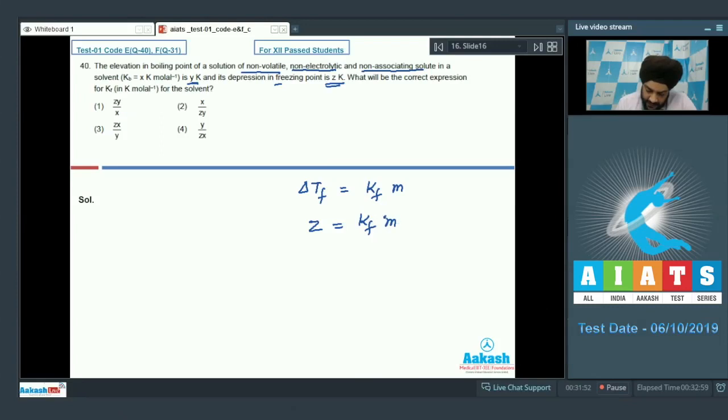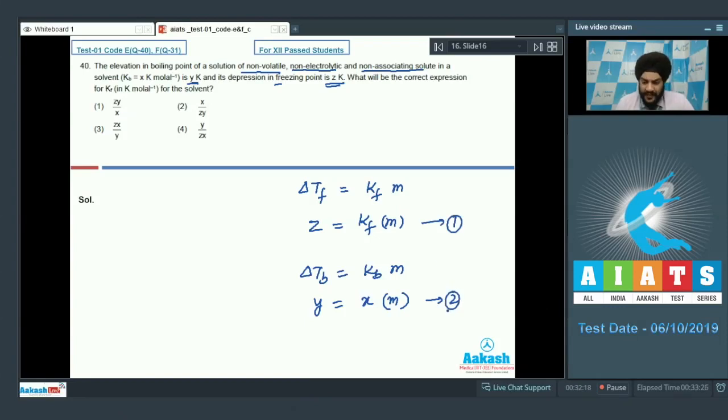The value of m is unknown to us. It can be found out by using the delta Tb data. If you talk about the delta Tb data, it shall be equal to Kb into m. So the delta Tb given to us is Y. The value of Kb given to us is X. And the value of m we can use from both these two given equations.